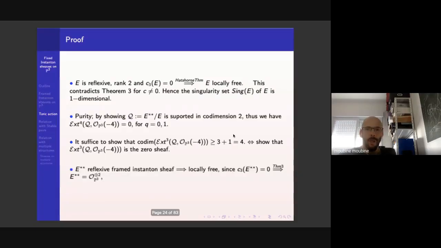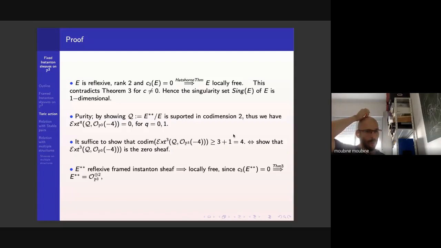Okay. And finally, to prove that the double dual is trivial, let us just remark that the double dual is always reflexive, but then one has to prove that c3 equals 0 so that we can apply Hartshorne's theorem.